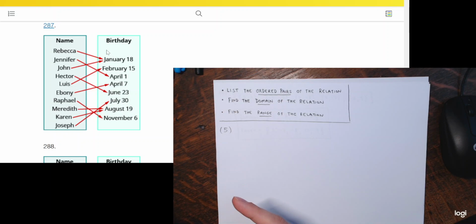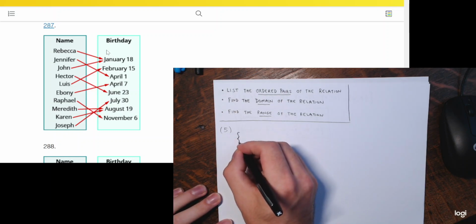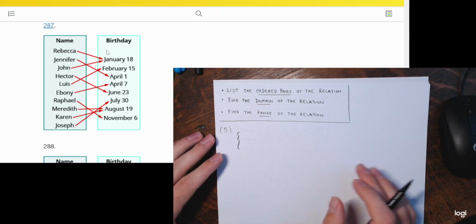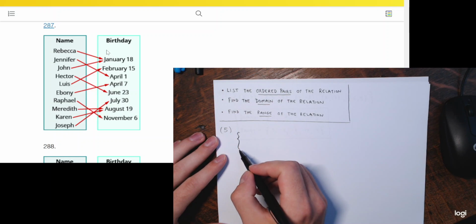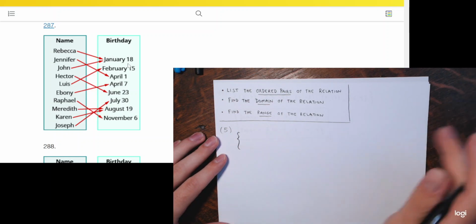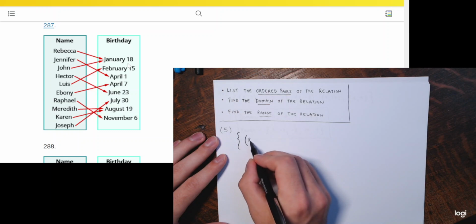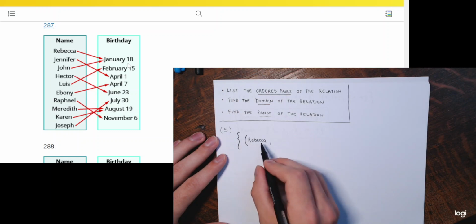All right. So part 1, the set of ordered pairs, and this might take a little bit because these aren't just numbers. I got to do a little more writing. And I'll actually do the whole thing for this first example. So I write my little set braces. And the first ordered pair I'm noticing is, Rebecca is related to January 18th.